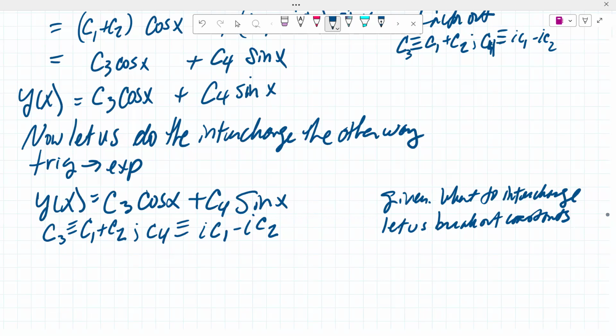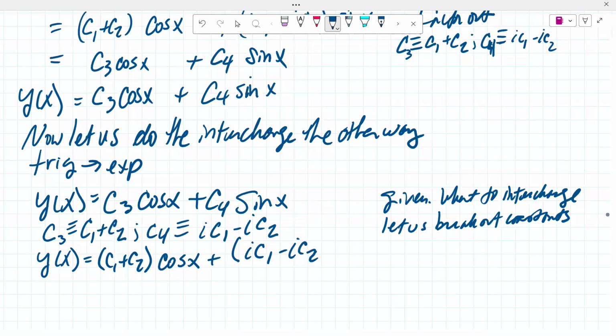For each of these, now what we're going to do is sub them in. So y of x equals C1 plus C2 times cosine x plus I C1 minus I C2 times sine x. This is substituting in the constant definitions.